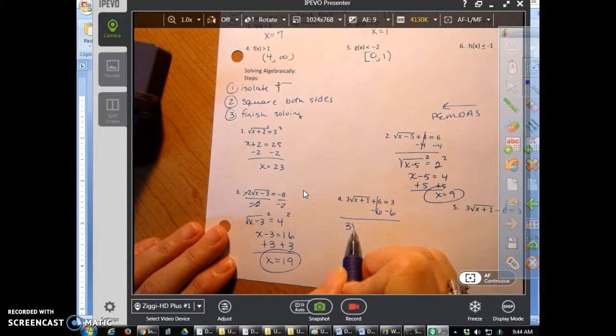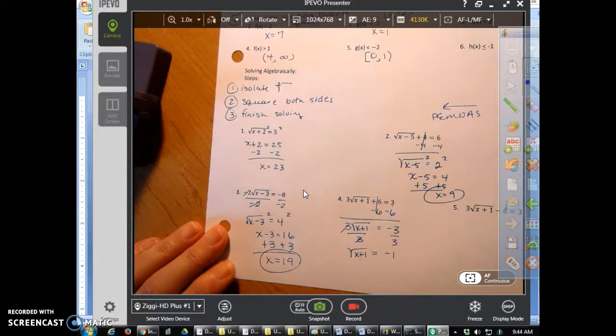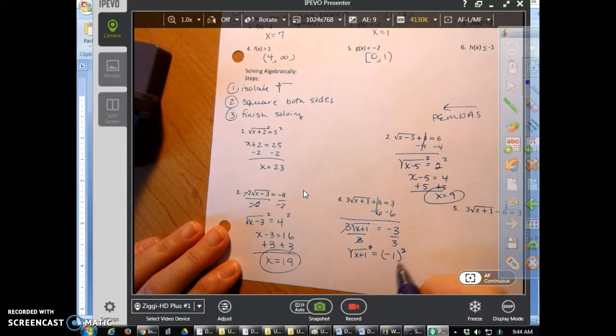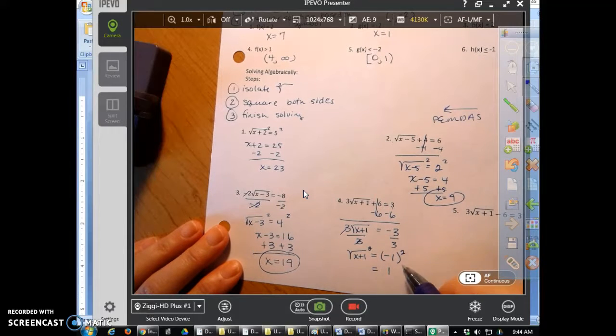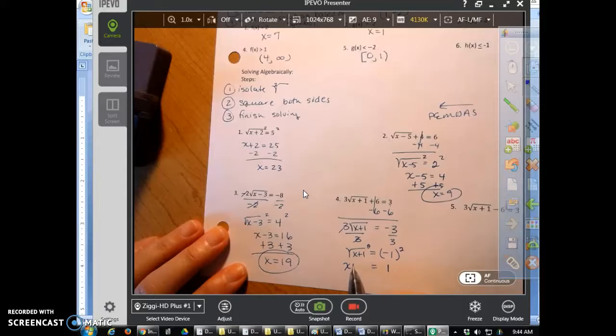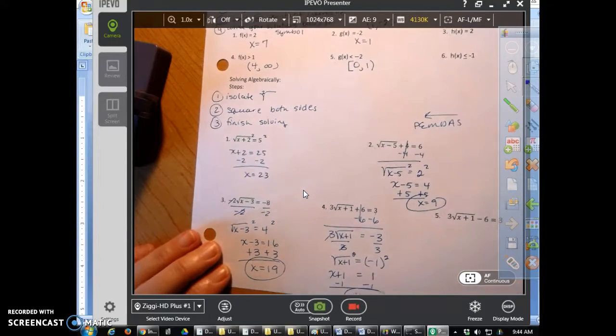And I get 3 times the square root of x plus 1 is equal to a negative 3. Divide by 3. I get square root of x plus 1 is equal to a negative 1. And then I'm going to square both sides. And then when I square negative 1, it gives me a positive 1. And then that will be x plus 1. Subtract 1. And I get x is equal to 0. And that should get you going on that concept.